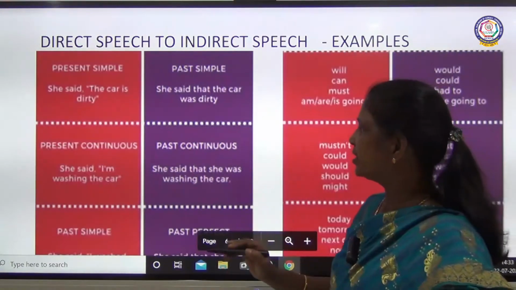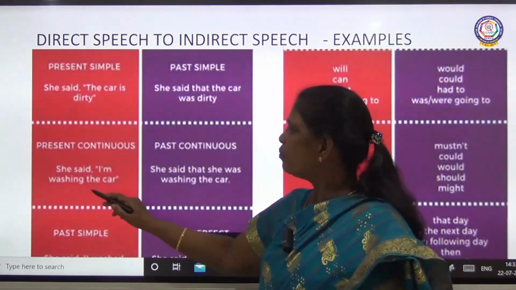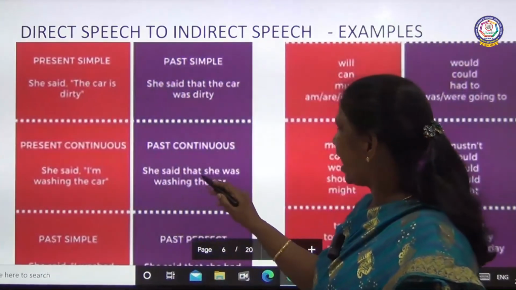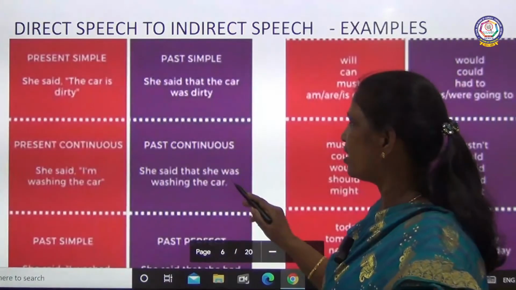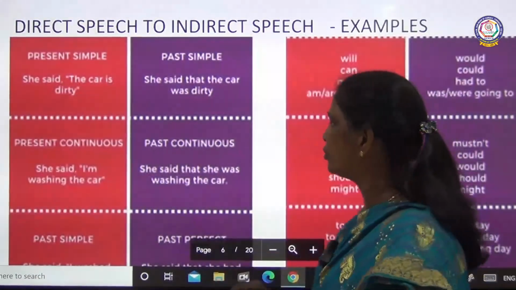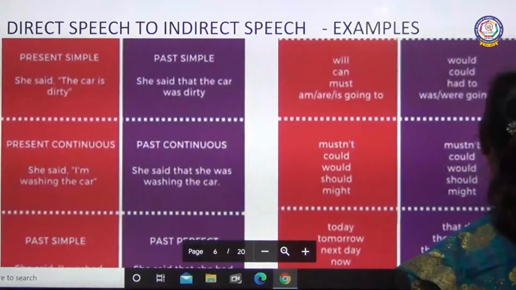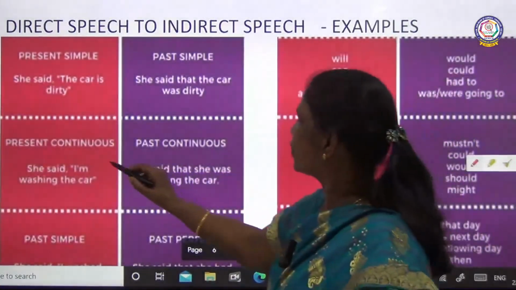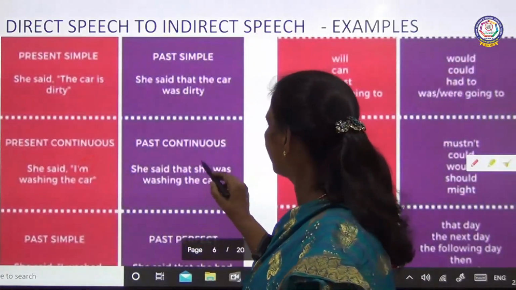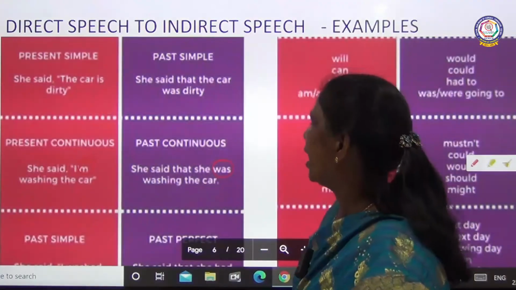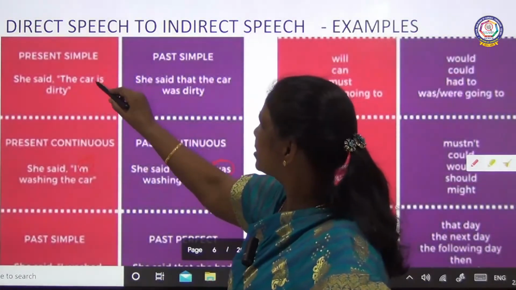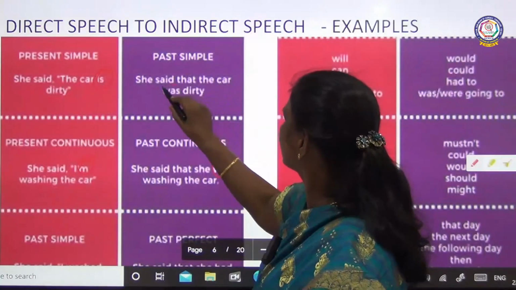Suppose it is in present continuous, she said I am washing the car. She said that she was washing the car. So am is changed into was. And then here you can see is changed into was.